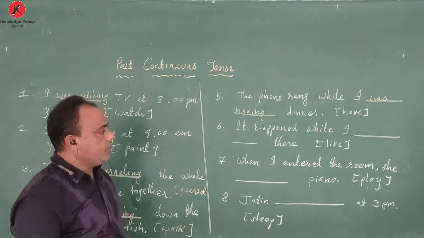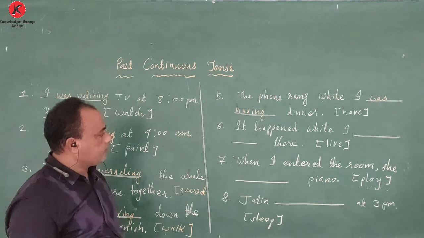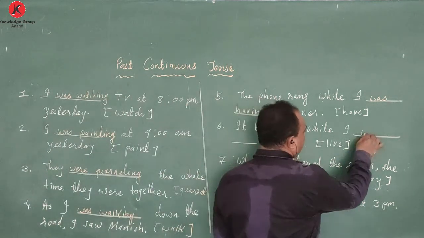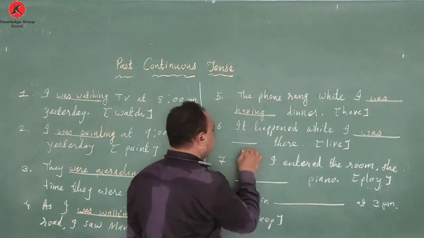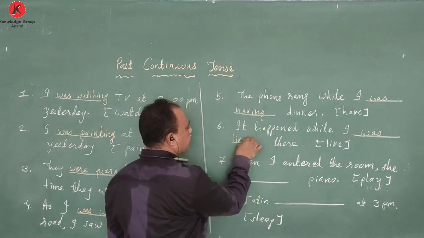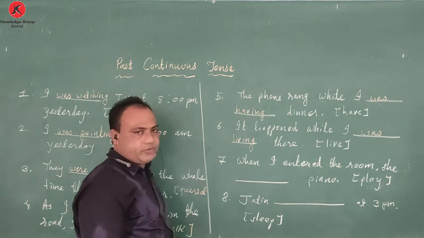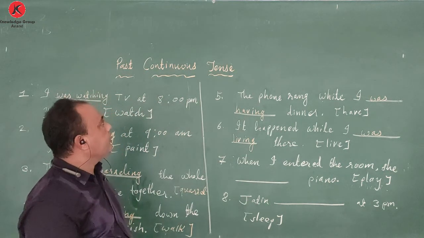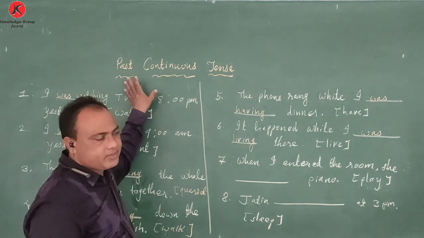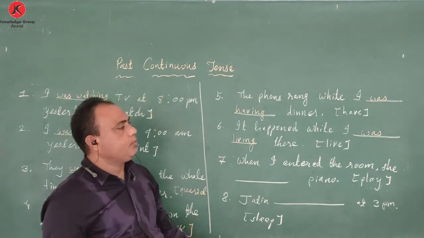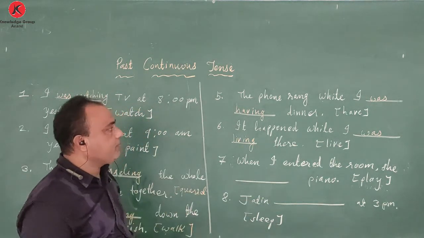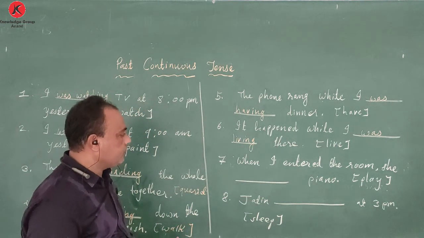It happened while I dash there. It happened while I was leaving there, was and verb plus ing. I'm quickly writing this directly because right now it is already given to us that this is past continuous, and the verb formation is very clear to you also, so you may not find that much difficulty in this one.